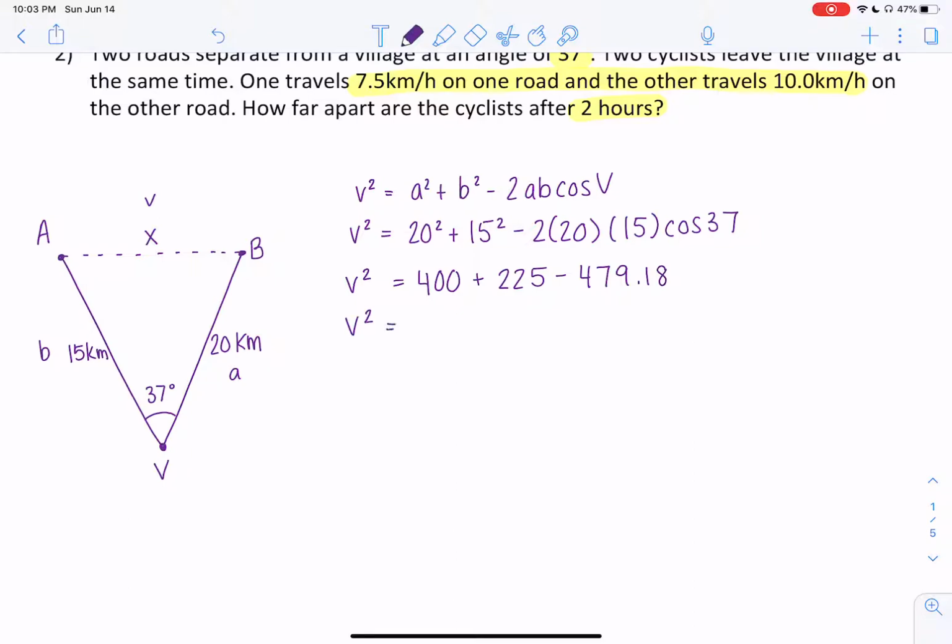And we have v squared is 400 plus 225 minus 479.18, which is 145.82. Now that is v squared, but we just want plain old v, so we're going to square root both sides.